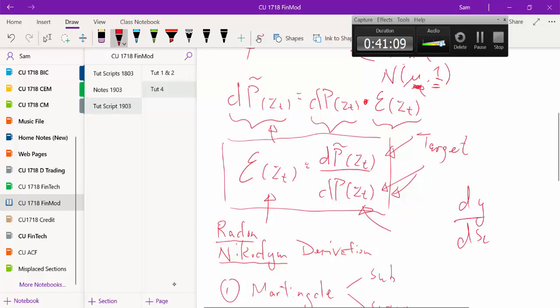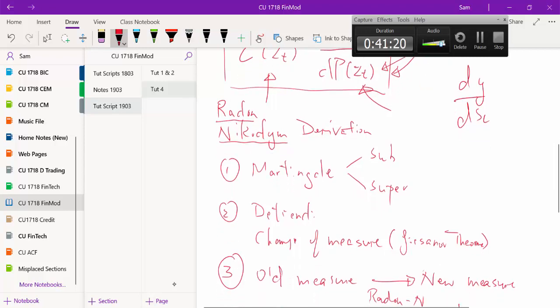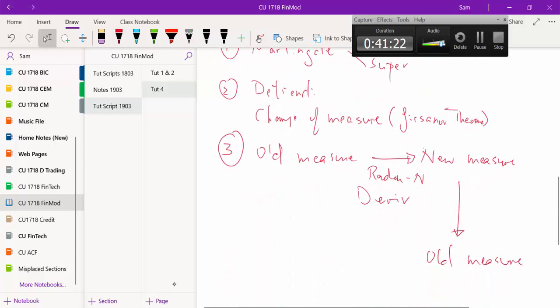So this is kind of like a relative density function, the relative density function of P tilde with respect to P. That's why it's called a derivative. Okay? So you use that, change to the new measure, you do whatever you need to do, and the reverse is also applicable. Is everyone okay now? Yeah?